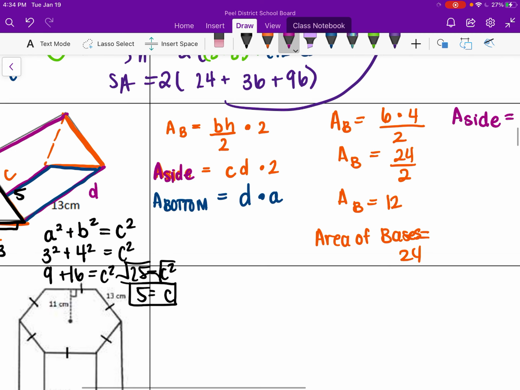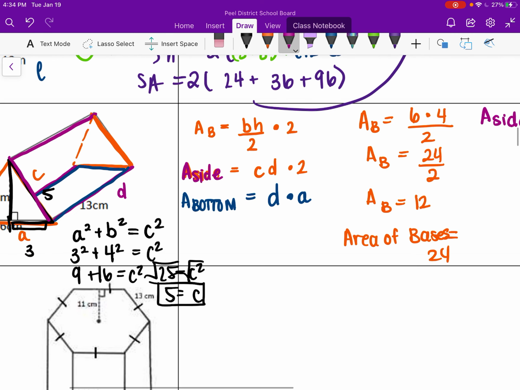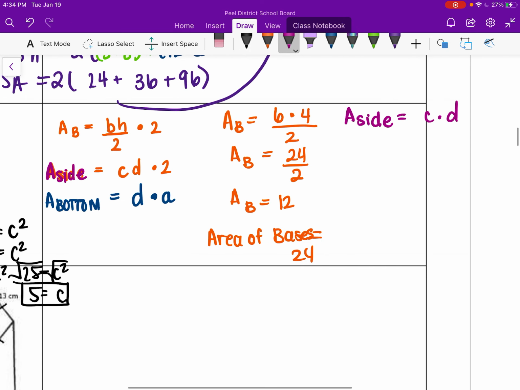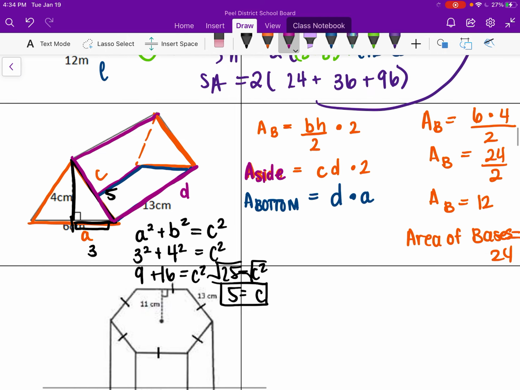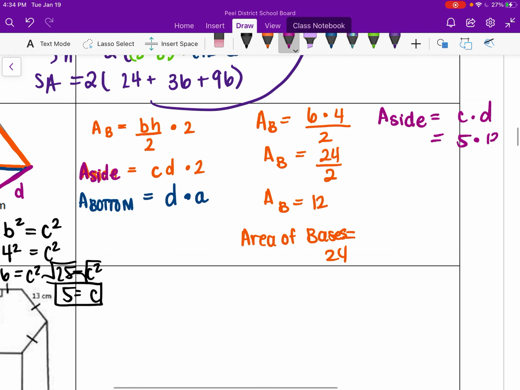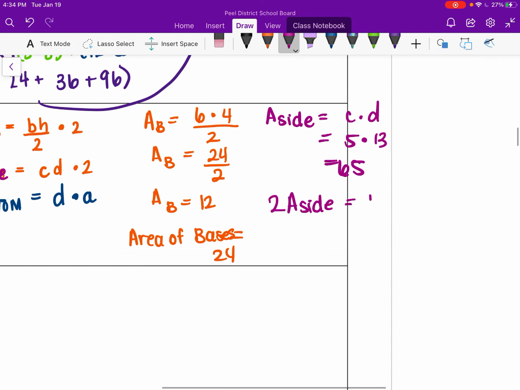Because you're multiplying this length over here by this width over here, equals 5 times D, which we said was 13. 5 times 13 equals 65, right? Times 2 because area of both side rectangles is 65 times 2, which is 130, right?